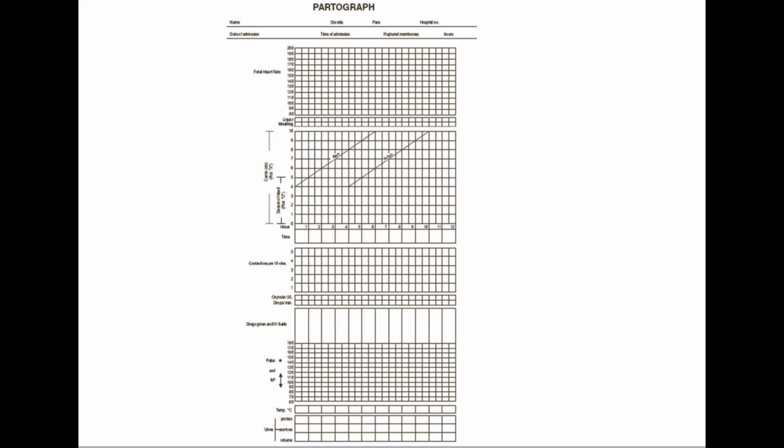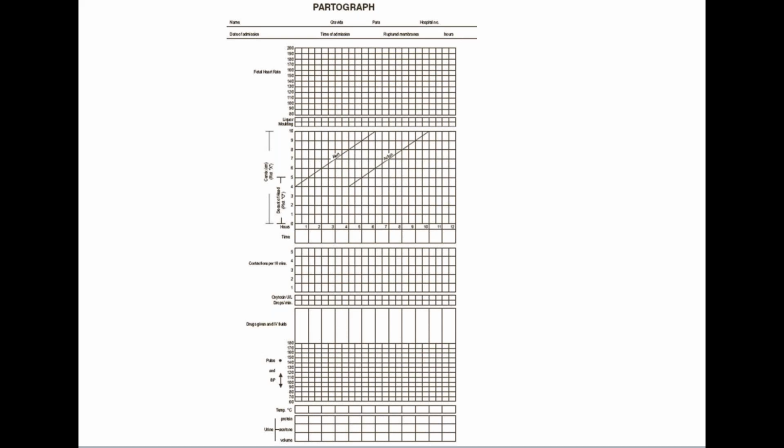We have letters. If the membrane is intact, not ruptured, we will write the letter I in the square. If it is ruptured, we need to write one of three letters: C, B, or M. C stands for clear liquor.